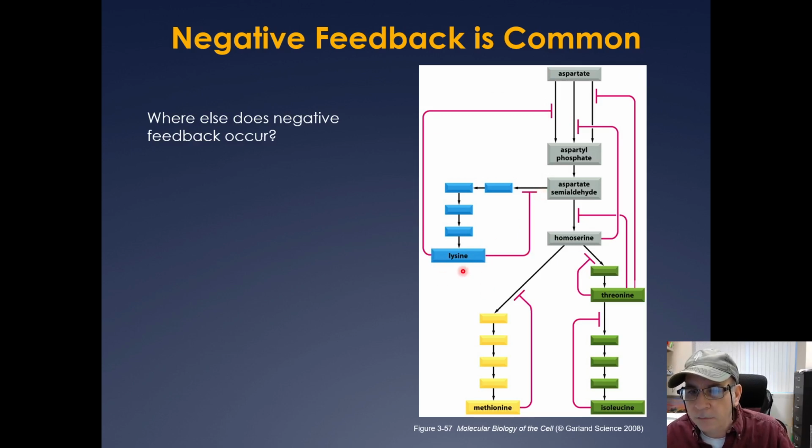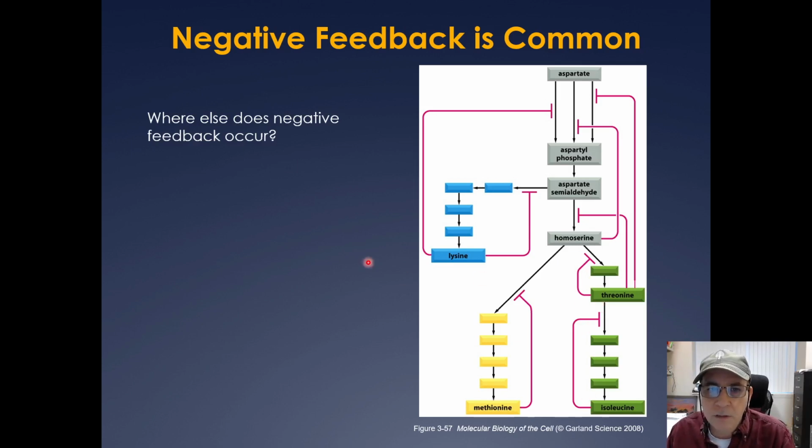If there's not enough lysine around, that helps drive formation of the lysine. But if there's plenty of lysine around, you don't want to be making more. Same thing with methionine. It will block homoserine from entering the pathway and becoming methionine. Same thing over here. Bottom line is negative feedback is super common. We see it all the time.